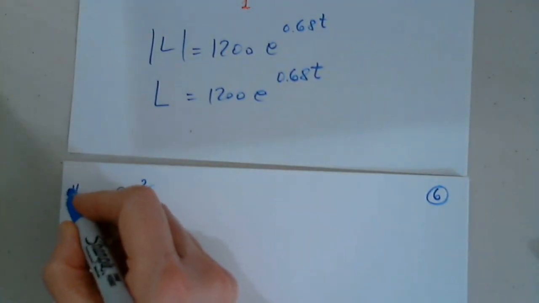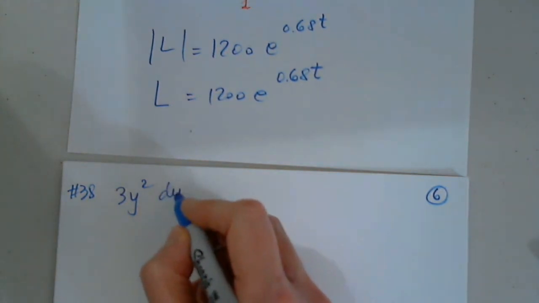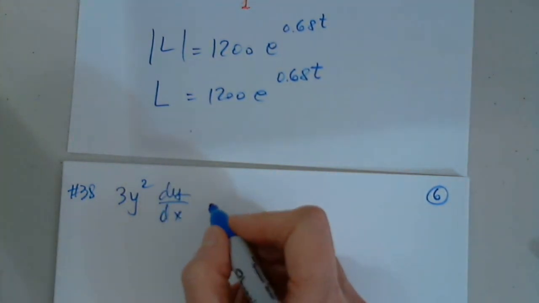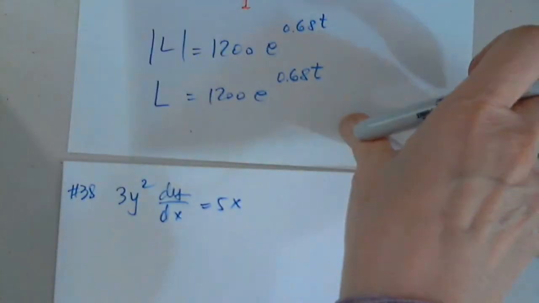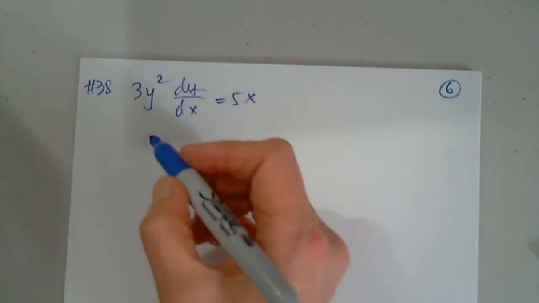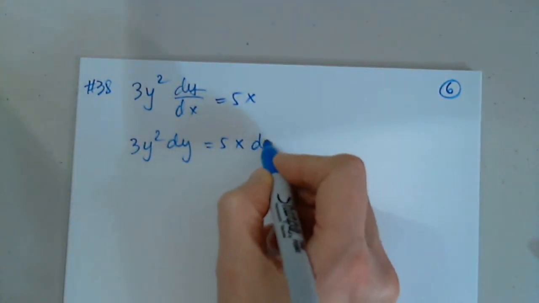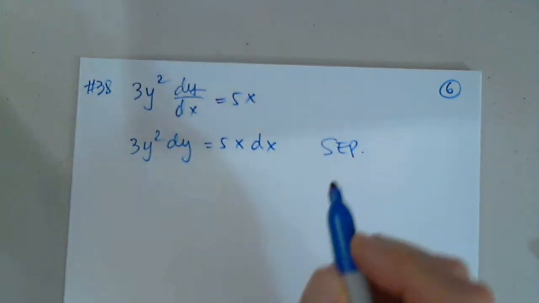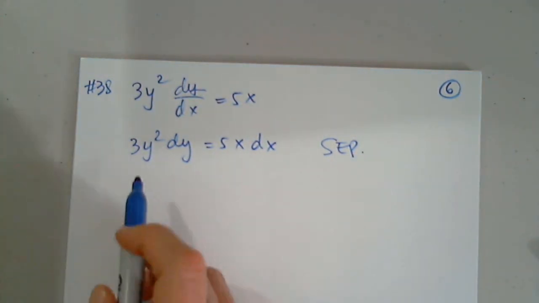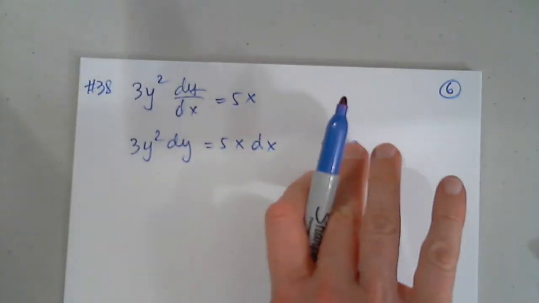Okay, 38. 3y squared dy over dx equals 5x. Perfect. Good. So first we'll cross multiply. So we have 3y squared dy equals 5x dx. Already separated. Now you can say I want to divide this and have here 5/3 and have all the constants on one side.